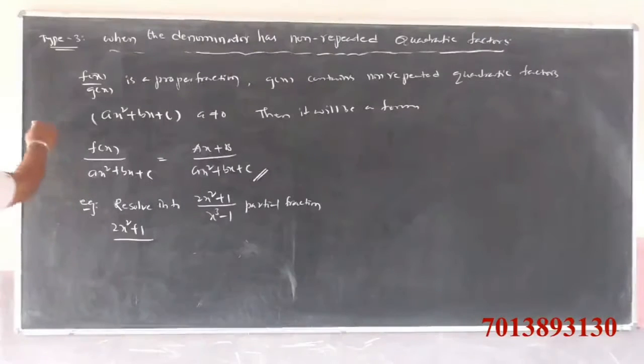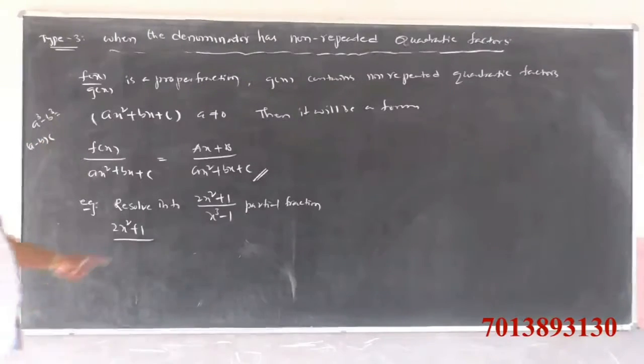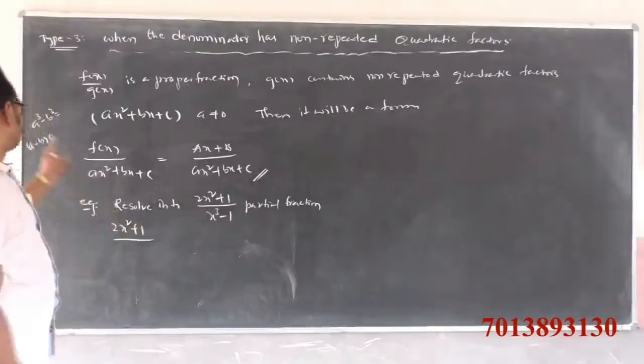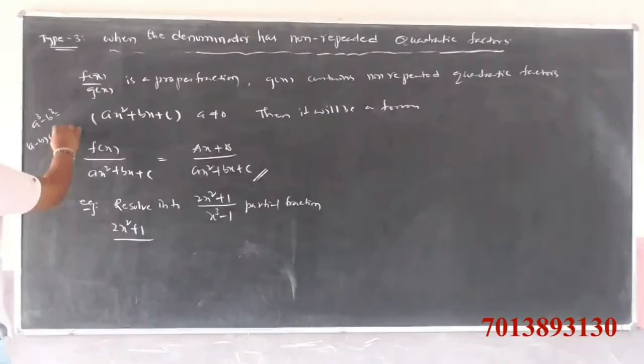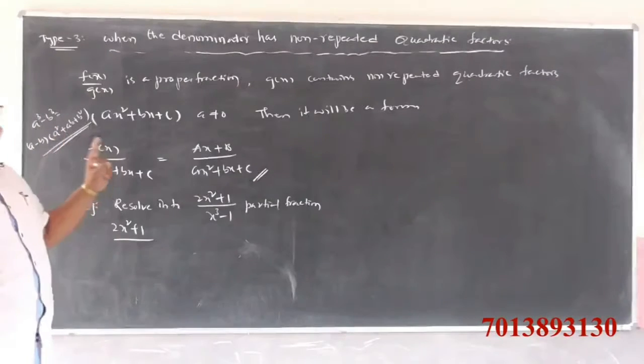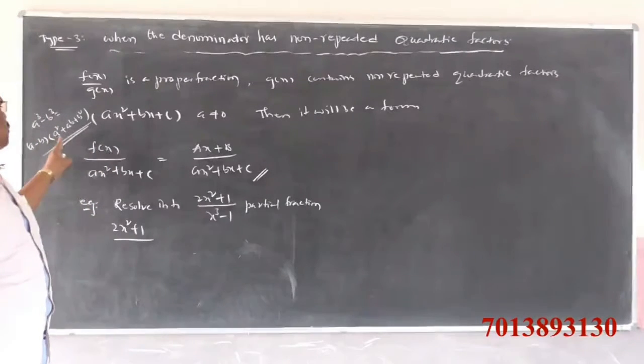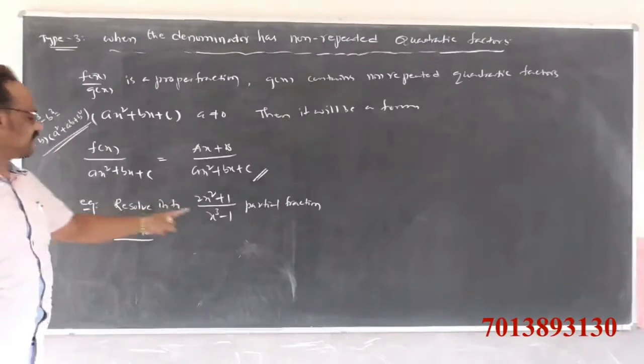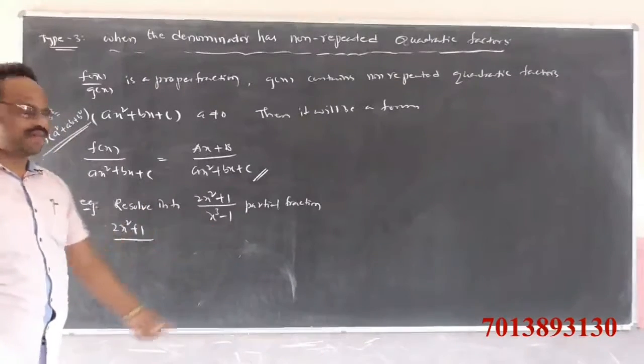We know that a cube minus b cube is equal to a minus b into a square plus ab plus b square. This is the formula. Here a value is x and b value is 1.